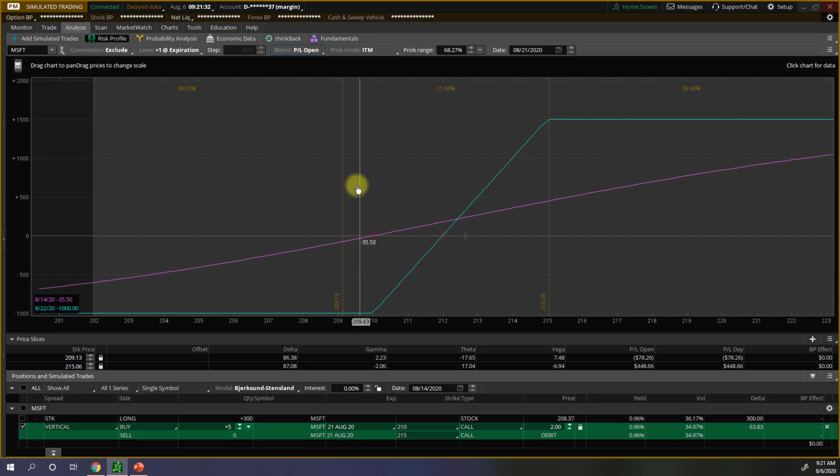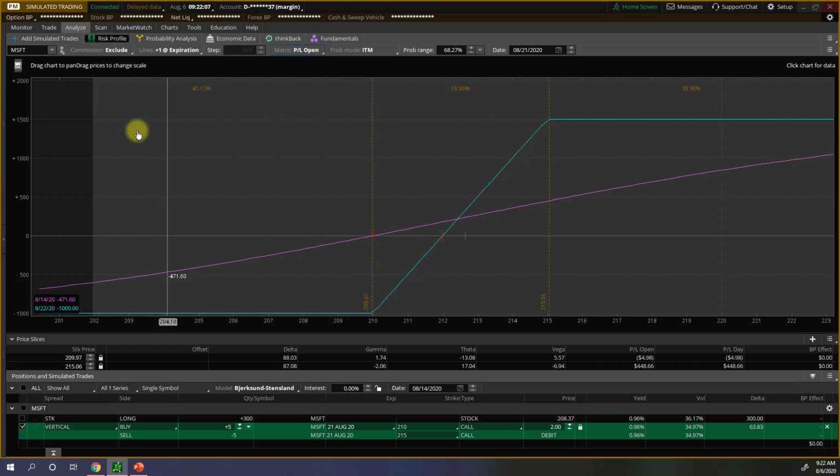So I might want to line up my price slices at my strikes on my vertical spread, and say what's the probability that I'm not really into maximum loss, but I'm somewhere between these strikes. Got about a 19% chance that I'm going to be somewhere between my strikes. I've got about a 40% chance I'll be at maximum gain, and about the same 41% chance that I'll be at maximum loss. So again, that's some very handy information.